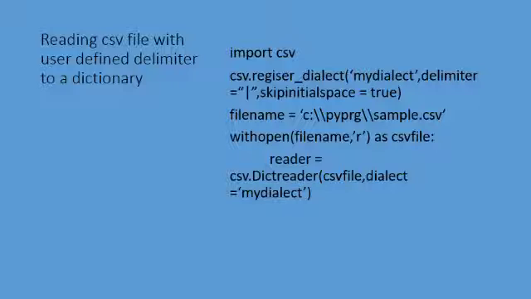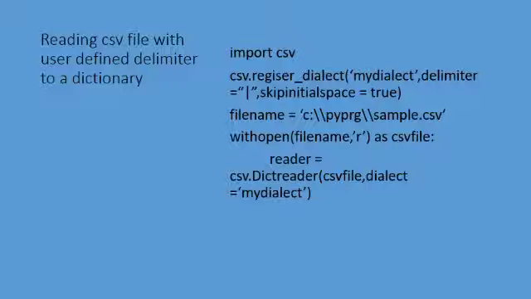So import csv. You know very well, when giving a delimiter we have to give register dialect: csv.register_dialect, and my formatting is stored in mydialect, comma, delimiter equal to pipe symbol, and next skipinitialspace equal to True. I need a space before the field, so I have given skipinitialspace equal to True.